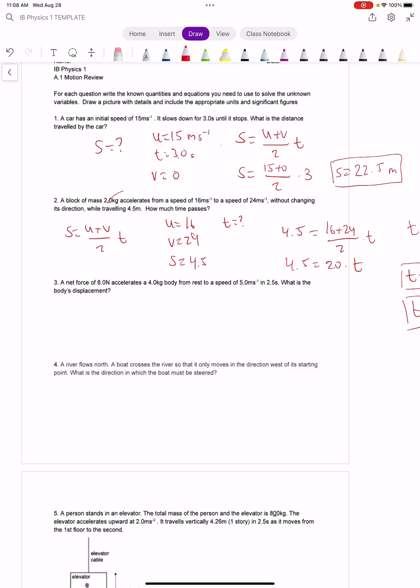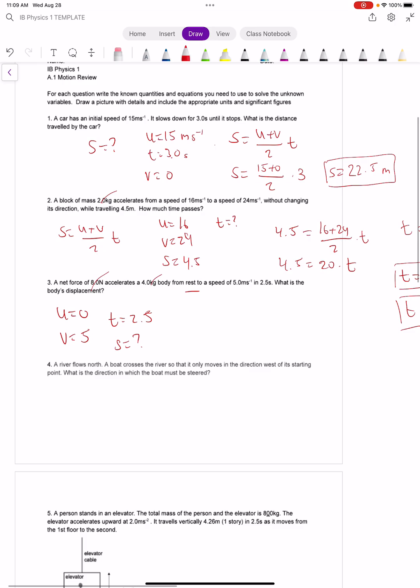Net force. We don't care about force. We're going to study force later on, and we don't care about mass. We do care that it says rest. So if something starts from rest, its initial velocity is 0. And then t equals 2.5 seconds. All right, so what is the displacement? All right, so we're going to use that formula again.